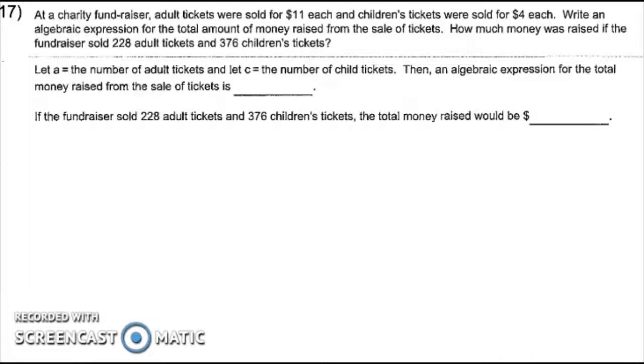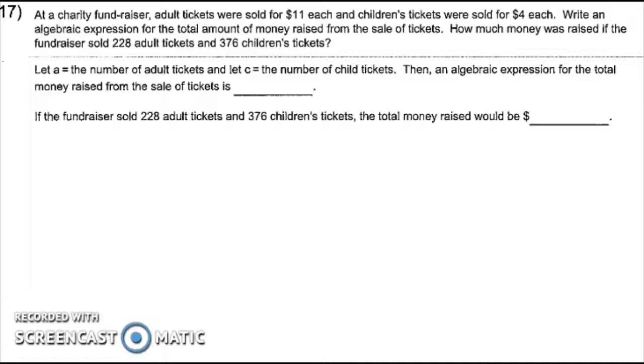Number 17. At a charity fundraiser, adult tickets were sold for $11 each, and children's tickets were sold for $4 each. Write an algebraic expression for the total amount of money raised from the ticket sales. How much money was raised if the fundraiser sold 228 adult tickets and 376 children's tickets?